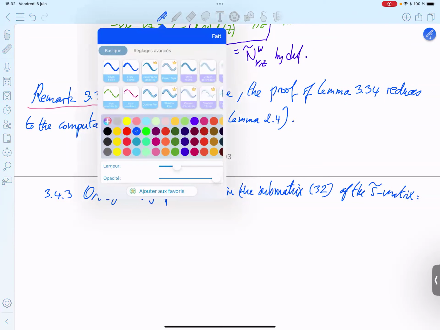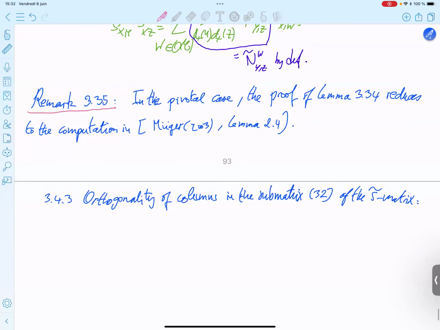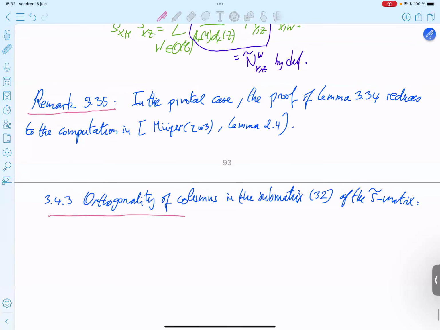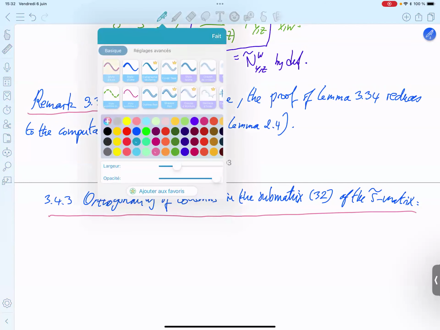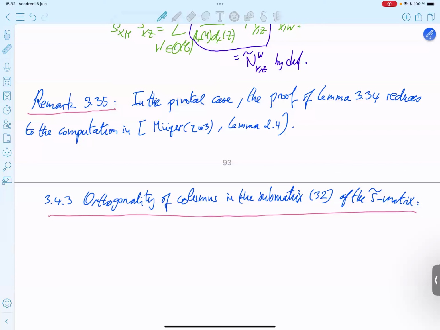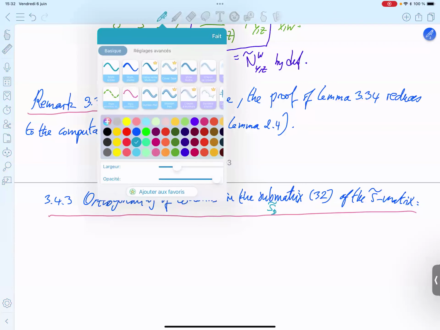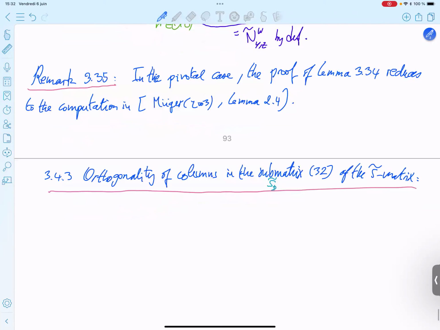This submatrix is what we denoted S tilde matrix index D. Okay. So, first lemma.